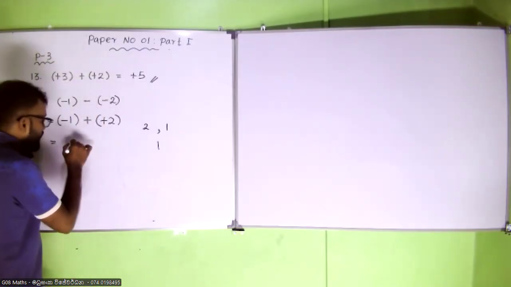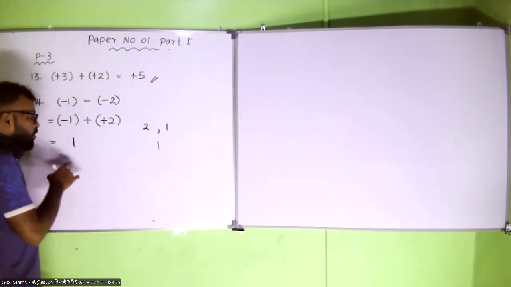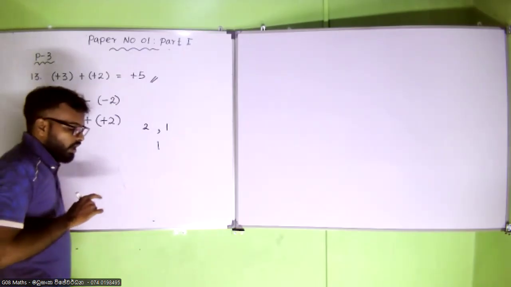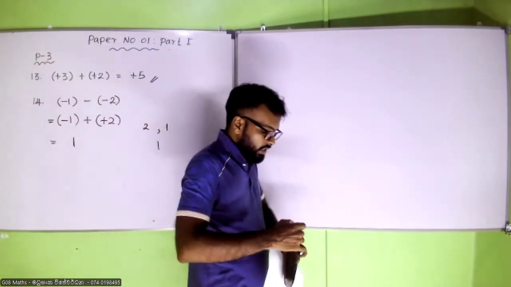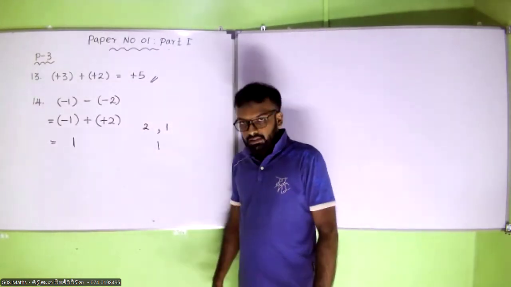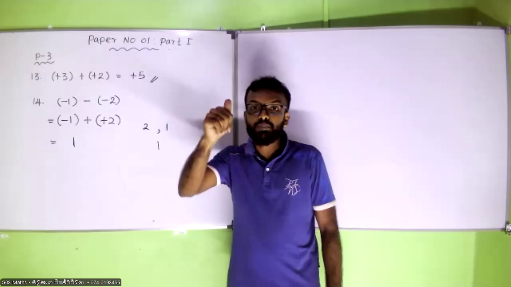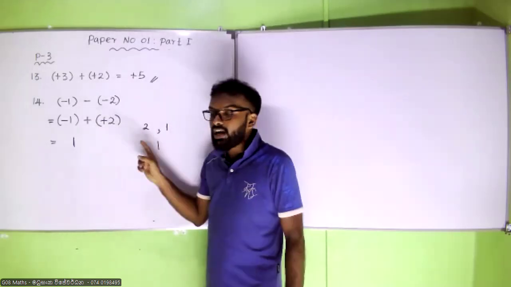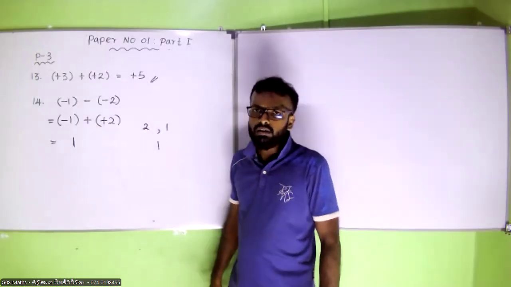So this should be my answer, but how am I going to decide the sign of that number? The largest number's sign should be used. So what is the largest number, 2 or 1?